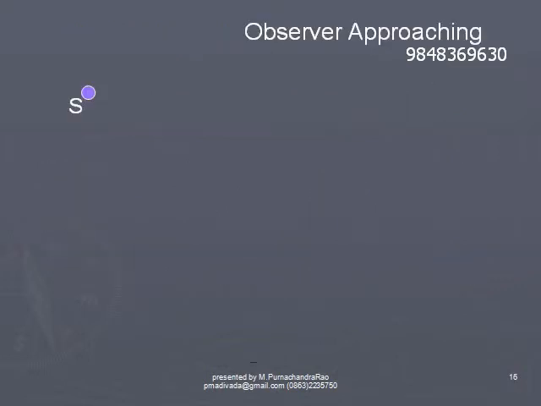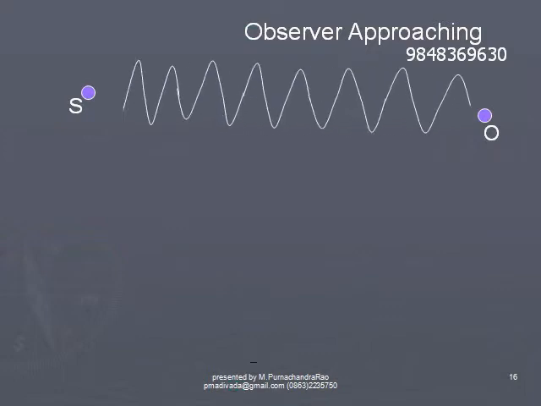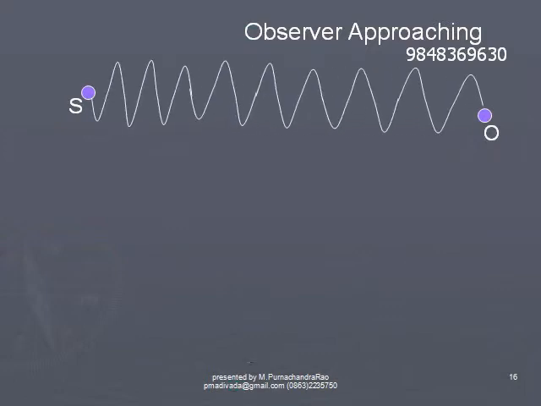Let us proceed to find the apparent frequency when the observer is in motion and the source is at rest. Let us take the case of the source in which it is emitting n waves in 1 second. Now the observer is at a distance V from the source.